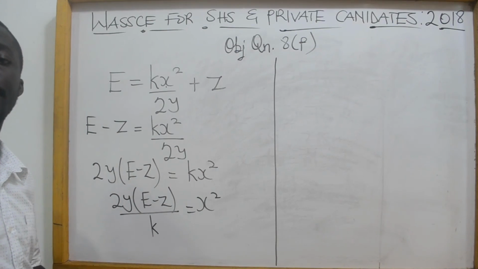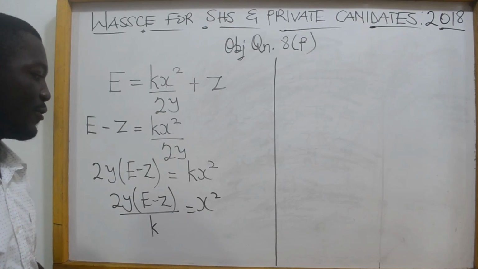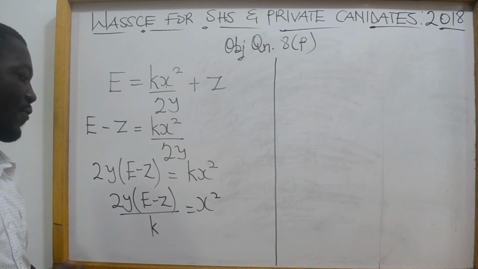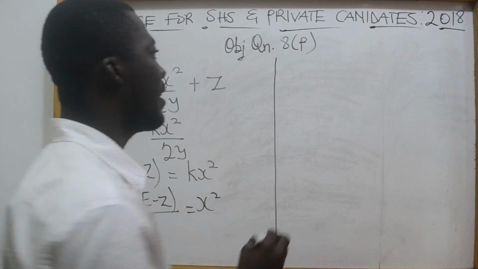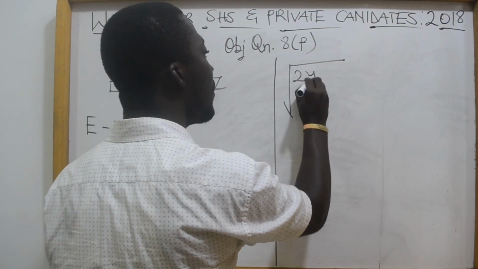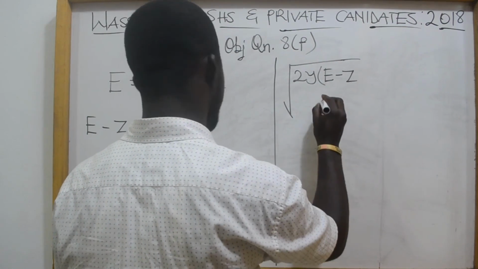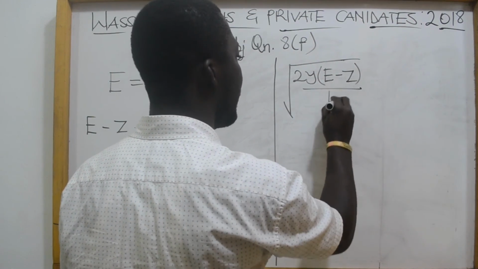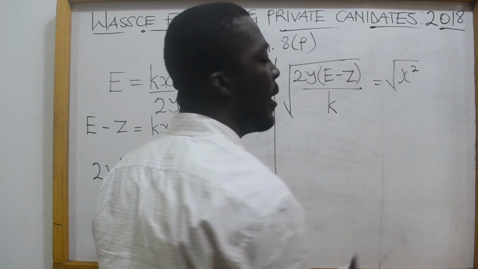Now the x is standing alone, but it is squared. So to get rid of the square, we have to take the square root of both sides. And by so doing, you get square root of 2y into bracket y minus z divided by k is equal to square root of x squared.